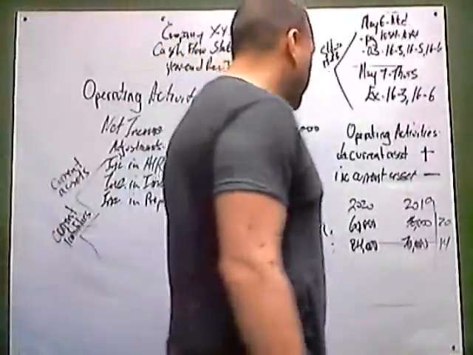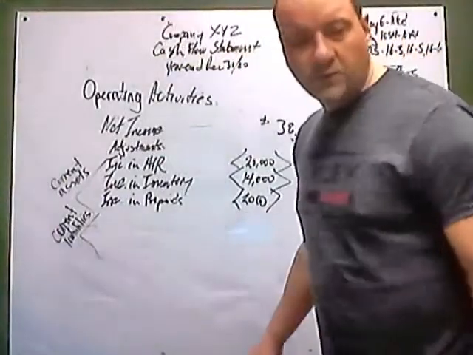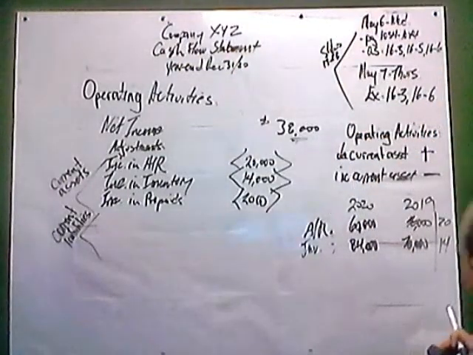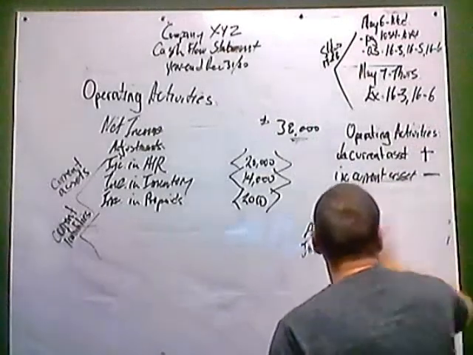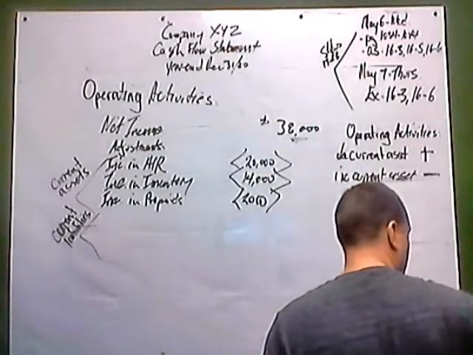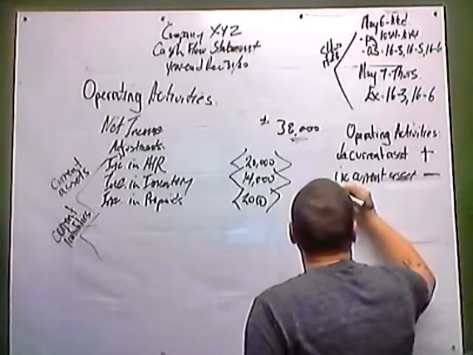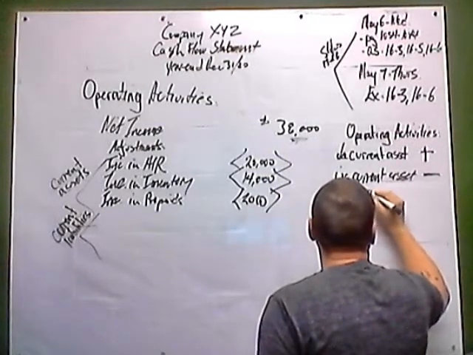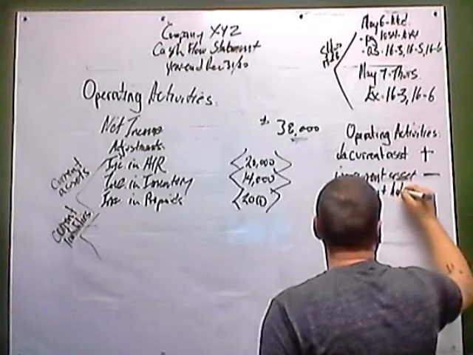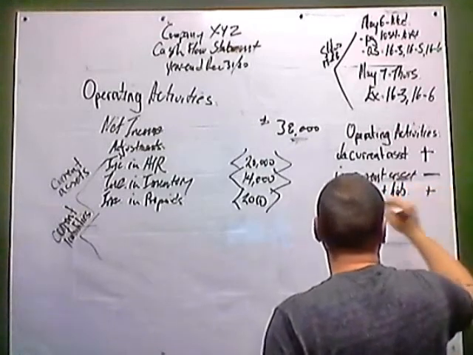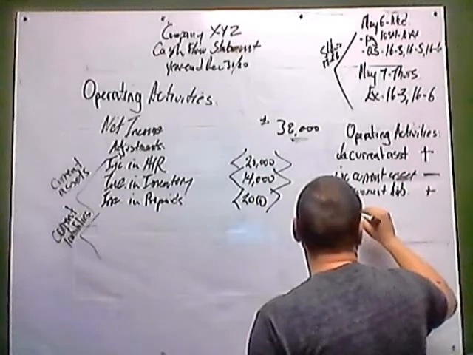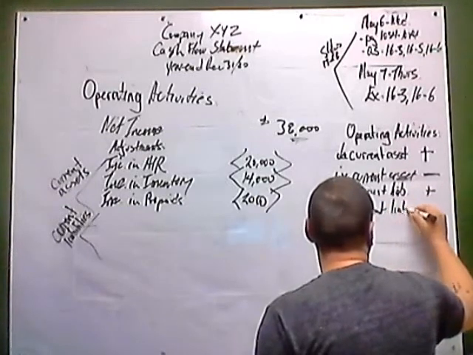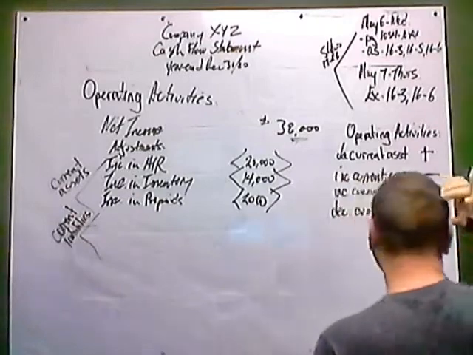With current liabilities, for an increase in current liability, we're going to add it, and for a decrease in current liability, we're going to subtract it.